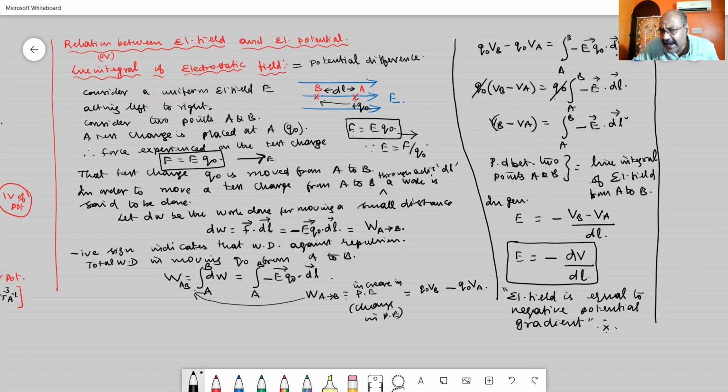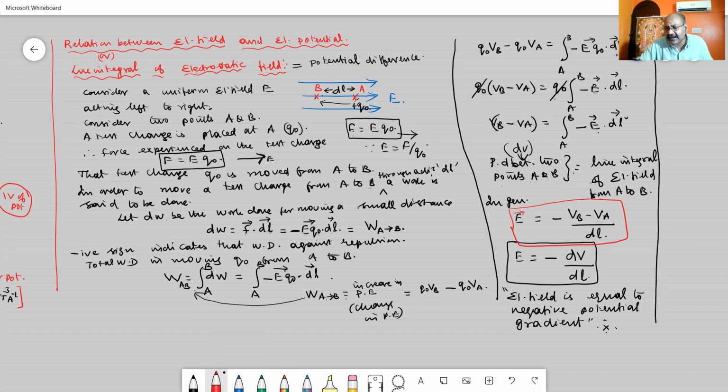This VB minus VA is nothing but the difference in potential dV. So the potential difference between the two points A and B is equal to, on the right hand side, the line integral of the electrical field from A to B. Or in general, we can write the electrical field E vector equal to minus of VB minus VA divided by dl.